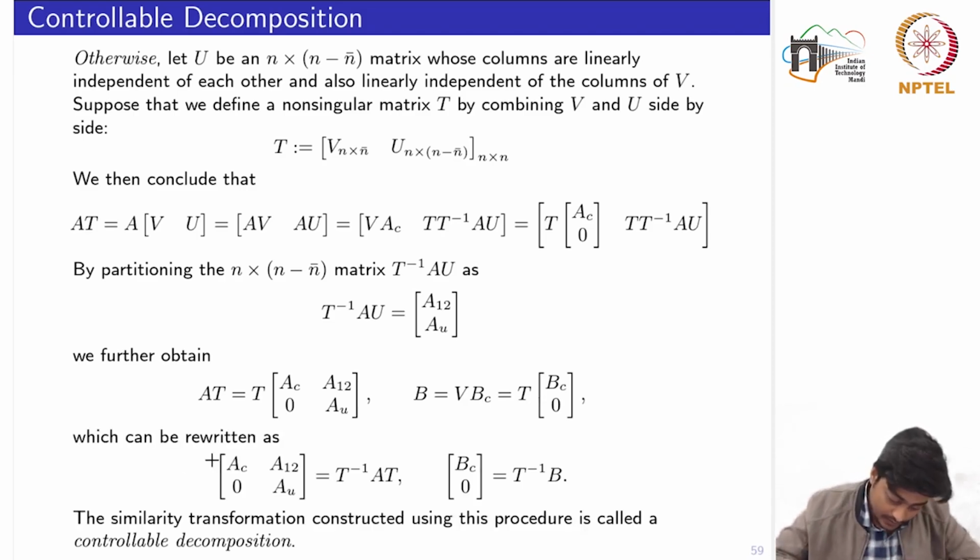So now comparing, we could write this matrix AC, A12, AU as equal to T inverse A T, and BC 0 as T inverse B T, where T is a non-singular matrix, so it happens to become a similarity transformation with respect to this T matrix.